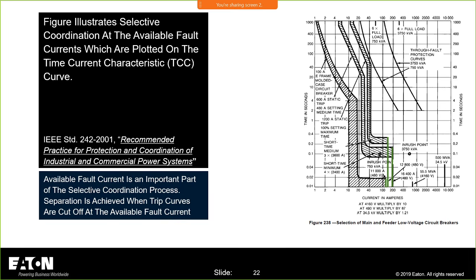This is an example of one that shows the transformer damage curve. Another thing that you will see on a time current characteristic curve is not just the circuit breakers, but lines associated with motors for motor starting, and I have some images of those as we move through this presentation. We will show the damage curves for other equipment that we're trying to protect. Transformers are one of those.